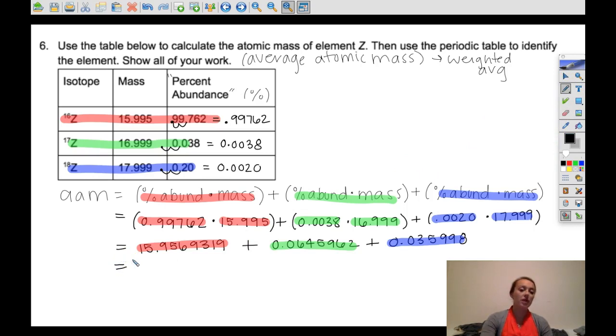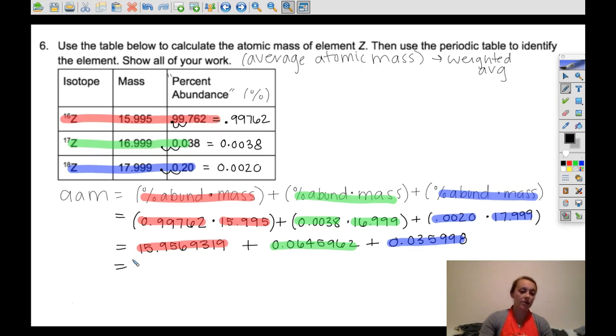So now it turns into an algebra problem where now I'm just going to add all those pieces together. So I'm going to take 15.9569319, and don't cheat yourself out of any digits, plus 0.06459962, plus 0.035998.